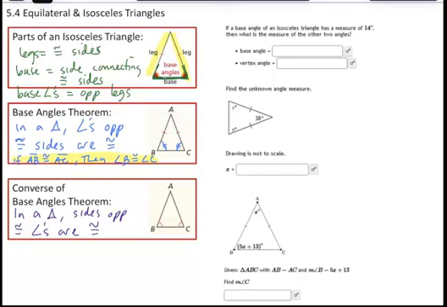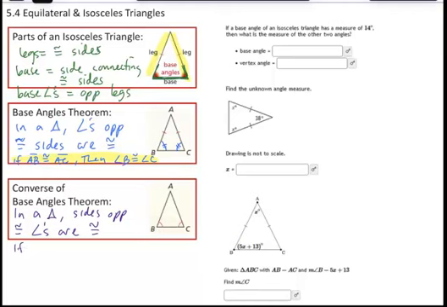This isn't written in a conditional statement the same way a normal converse would be. But what's happening here is that the conclusion that the sides are congruent is now the condition you're starting with, and the result is that the angles opposite those will be congruent as well.